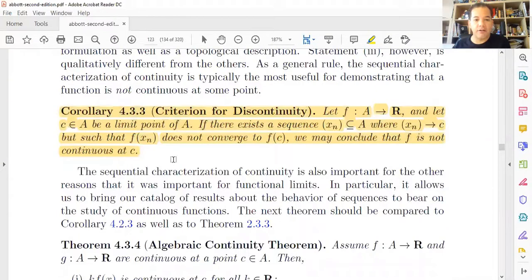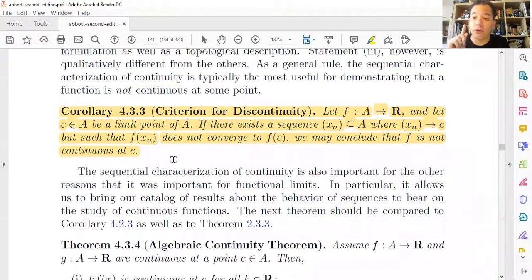What does it say? It says that you can show something is not continuous if you find a sequence that converges to your number such that the function evaluated at the sequence fails to converge to f of c. If it's not going where it's supposed to go, that's it.